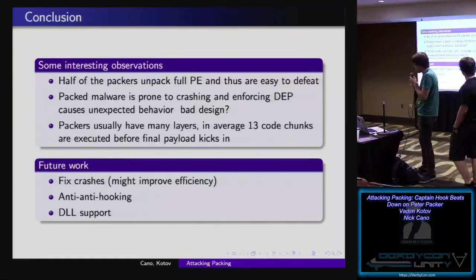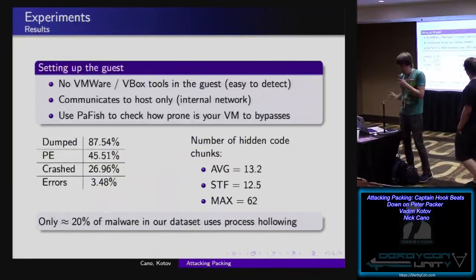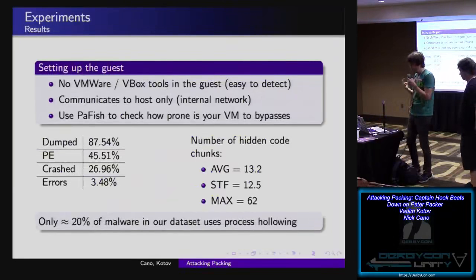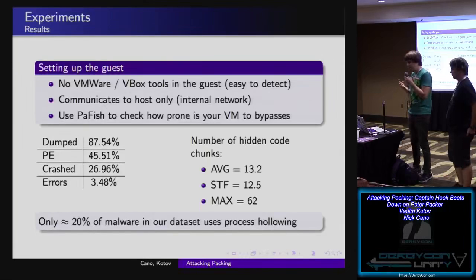So let's for a second go back to the results. As you can see, dumping 87% is a good result. Doesn't mean that our tool is brilliant. Well, it's quite good, but the high success rate is mostly because packers are lame, kind of. Malware writers don't really bother writing advanced packers.